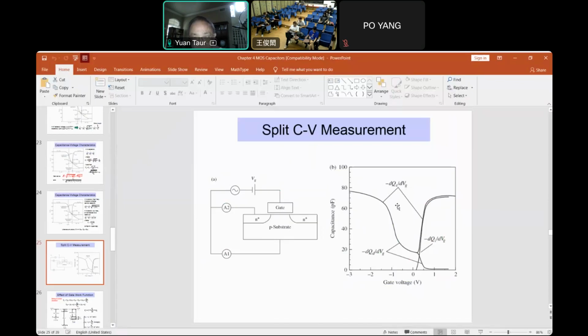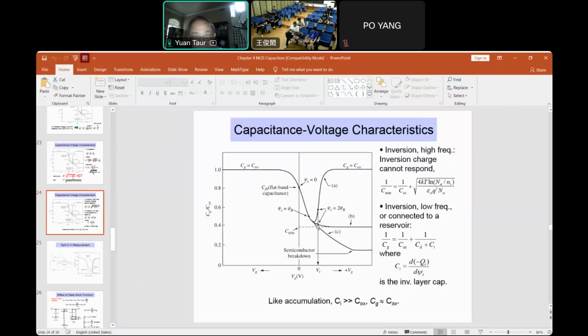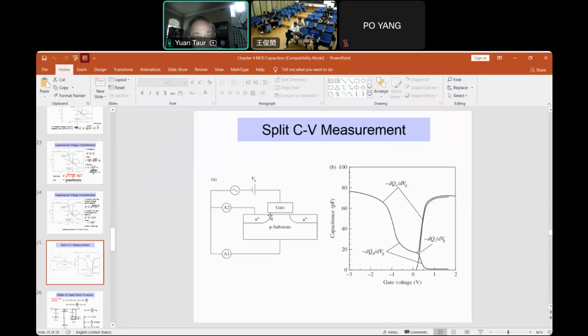So in this case, you always get the so-called low frequency CV, like the case A, because even though you measure at a high frequency, you don't rely on generation and recombination for the inversion layer response. Rather, it's going in and out of the source and drain. That's very fast. So the curve is always low frequency, shown here.